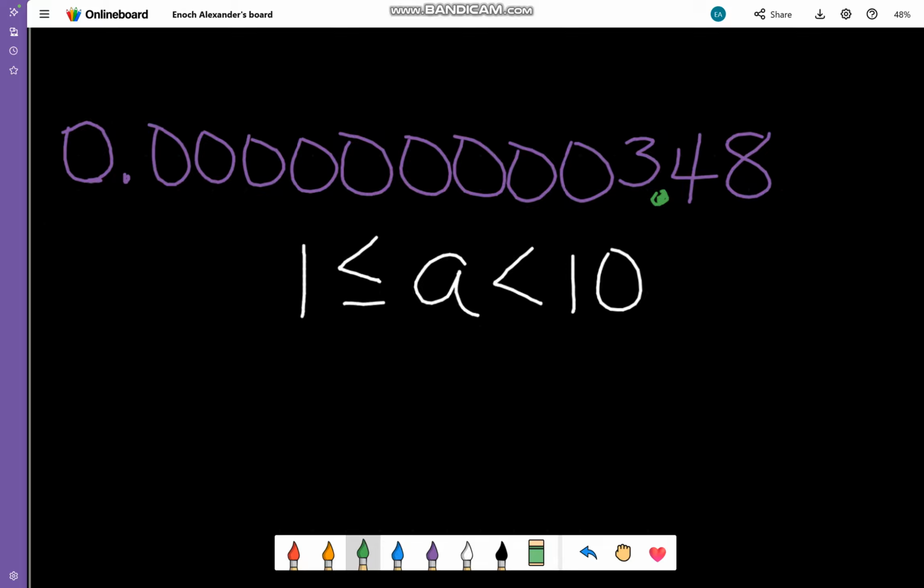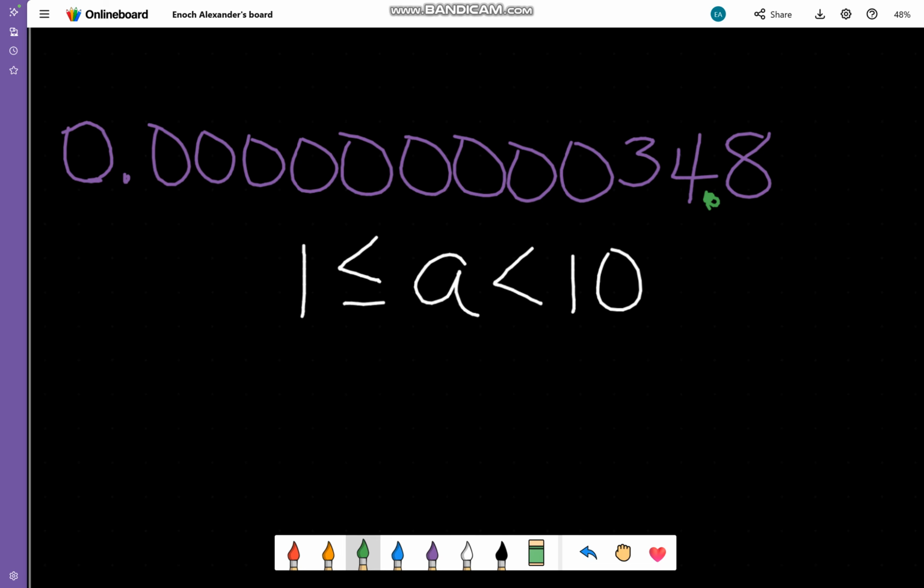Now, if I put the decimal point behind the 4, I would have 34.8, or 34 and 8 tenths. But that would not qualify, because that number would be greater than 1, but it will not be less than 10.